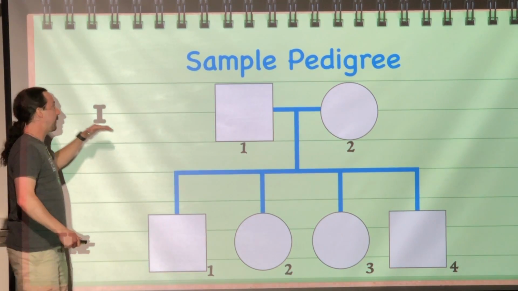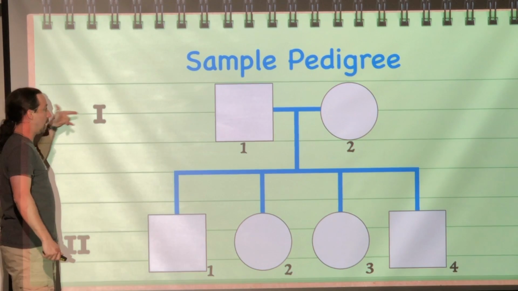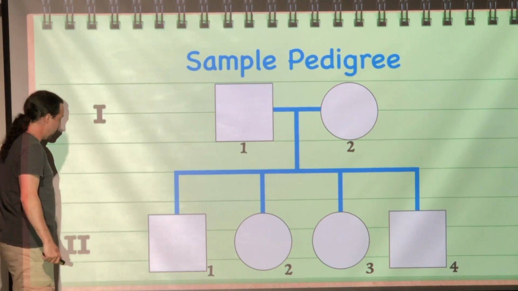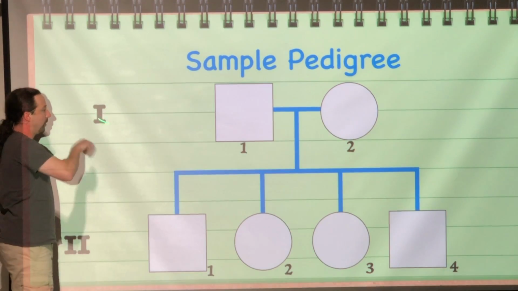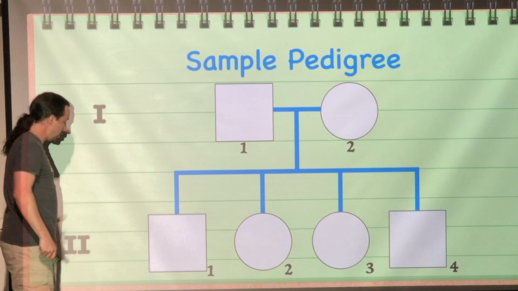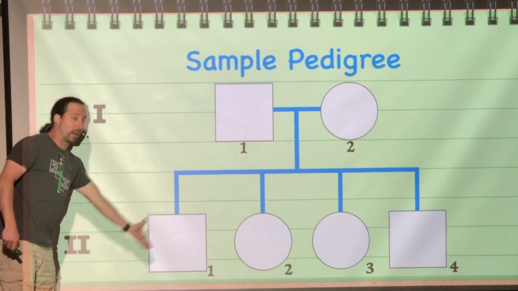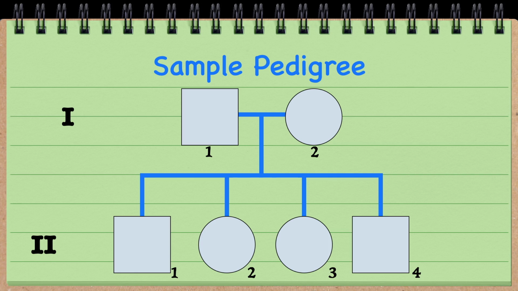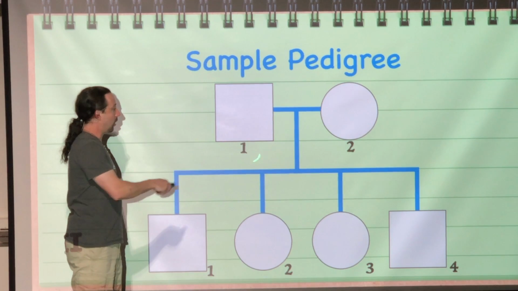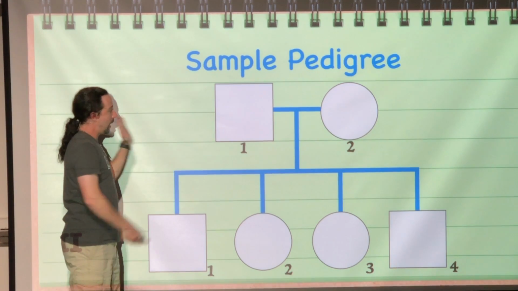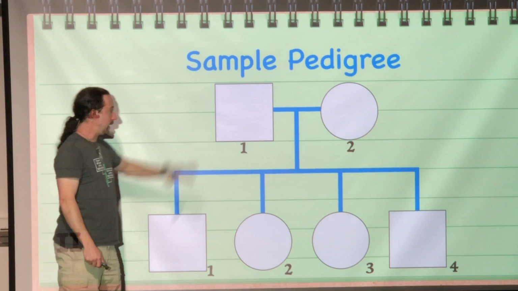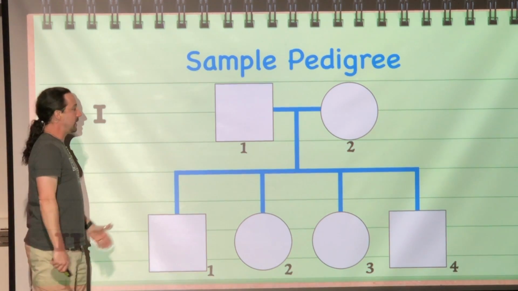The way that we identify generations is with the Roman numeral across from our different generations. So this is the Roman numeral 1 for our parental generation and Roman numeral 2 for their offspring, the second generation. We also identify the individuals using our Arabic numbers, going just from the left to the right, and this is how we can identify the different individuals.